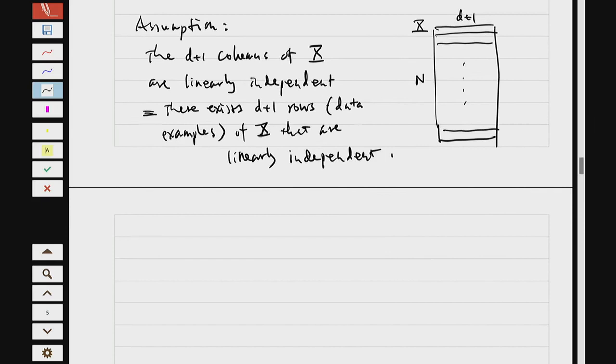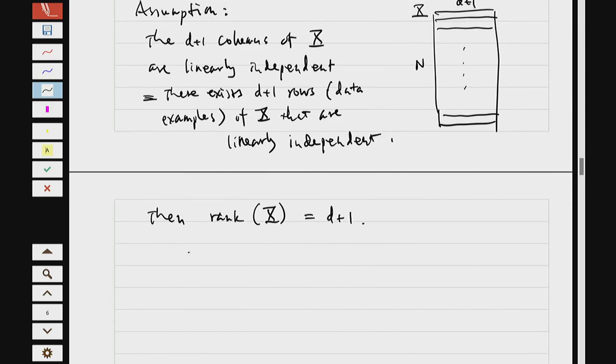So what we're saying is that the rank of this matrix is d plus 1, and therefore X transpose times X is invertible. Can someone tell me the size of this X transpose times X?